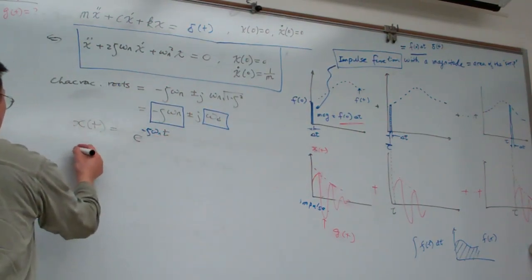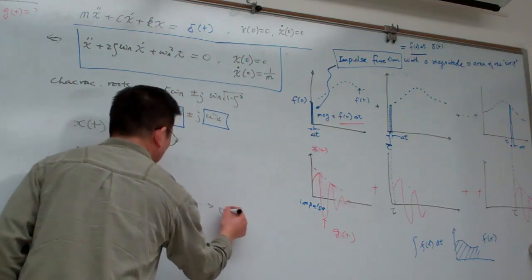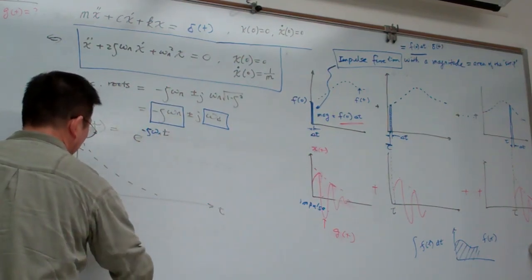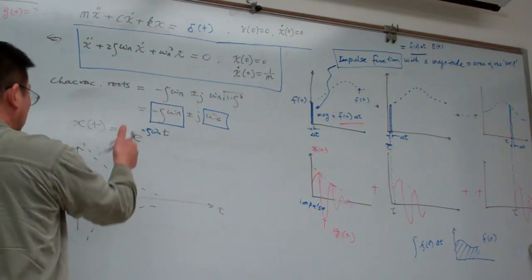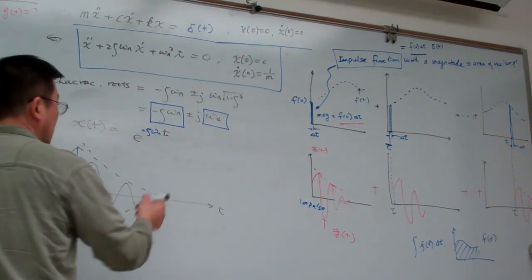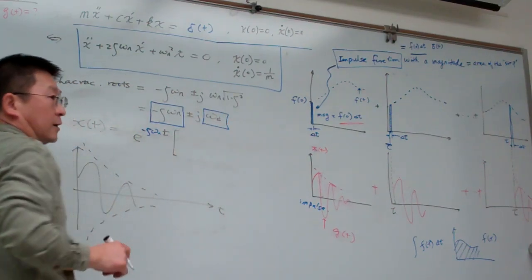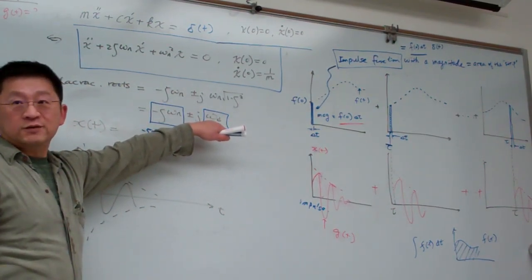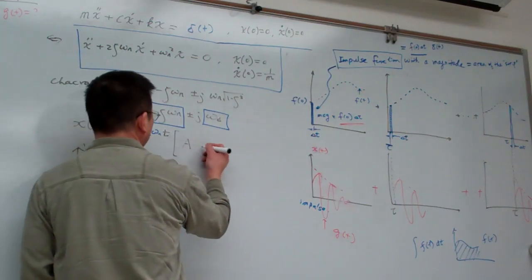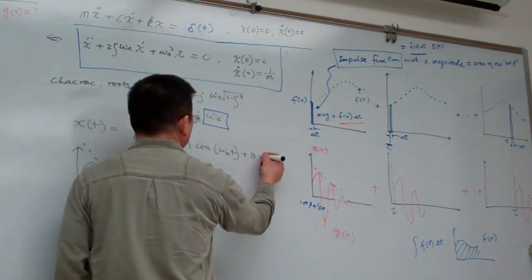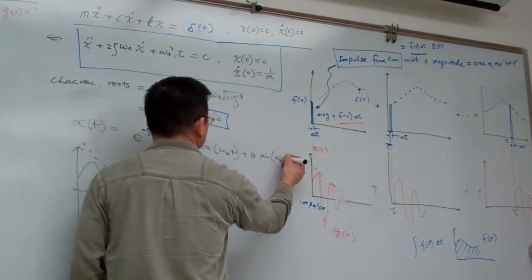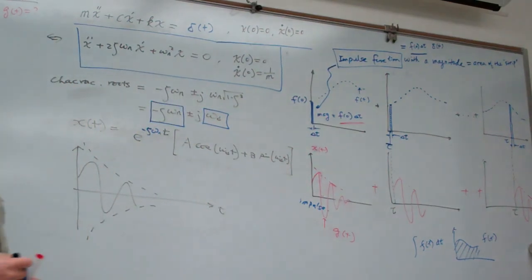Again, this is a review. This term provides the profile of the decay. And then this is the underdamped system oscillating, and the oscillation is given by the damped frequency, right? That is A cosine omega d t plus B sine omega d t. Will that be okay?